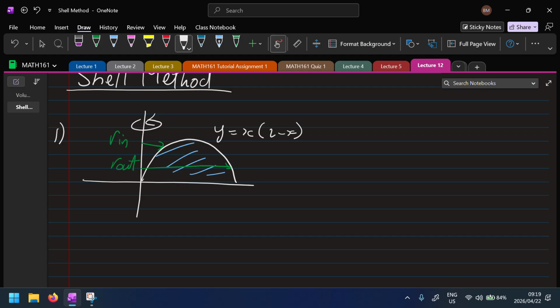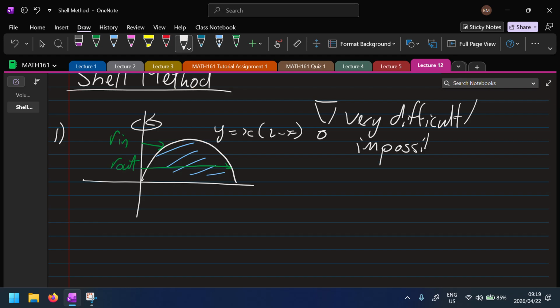So we put a little warning here: very difficult, or sometimes even impossible, to solve for x for the R in and R out.